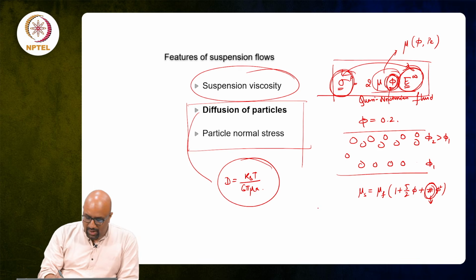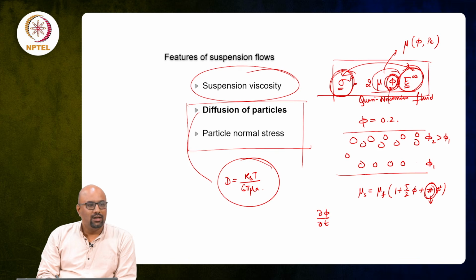That would require you to ask the question that if I were to study the conservation of particle concentration and write down an equation for the volume fraction, there is going to be a change in the local volume fraction due to advection, but there will also be a change that would occur due to diffusion.